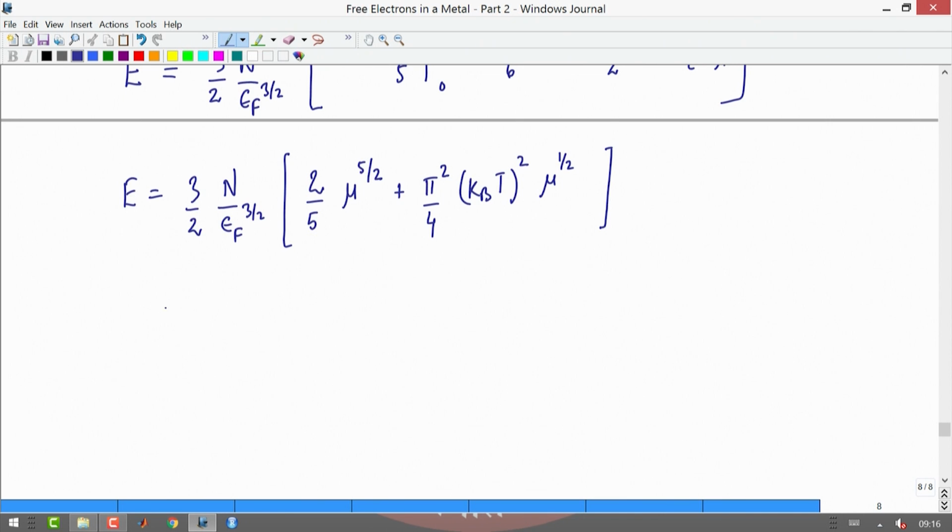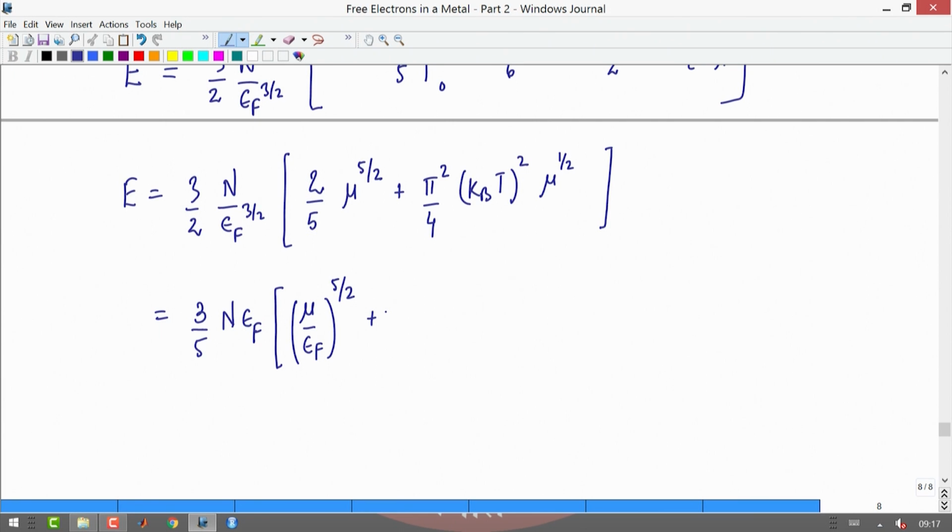Right. So, what I can do now is basically simplify this expression by pulling out a few factors. I am going to pull out a factor of 2 by 5, that makes my prefactor outside as 3 by 5 into, I am going to write down this as n times the Fermi energy, and I will write the first term inside the bracket as mu over the Fermi energy to the power 5 halves, okay.